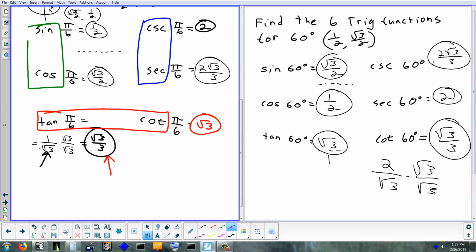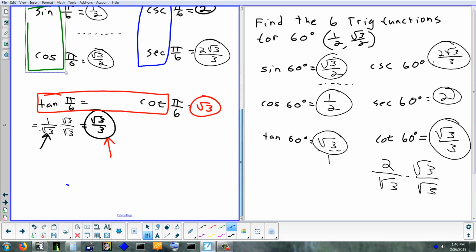A cofunction is just when you put the word co in front of a trig function and then say it. So the cofunction for tangent, cotangent. The cofunction for secant, cosecant. And the cofunction for sine, cosine. Okay.